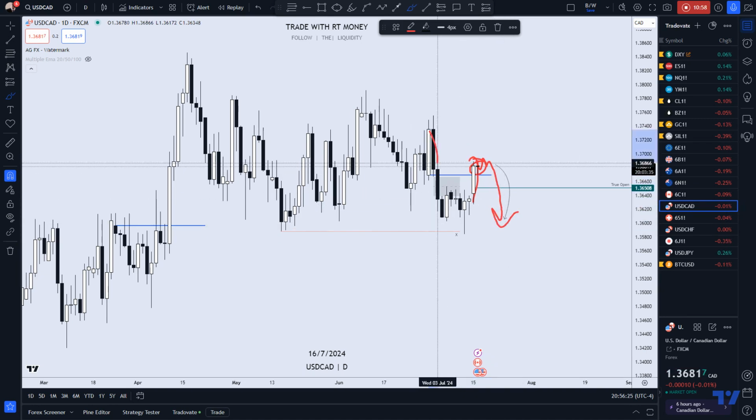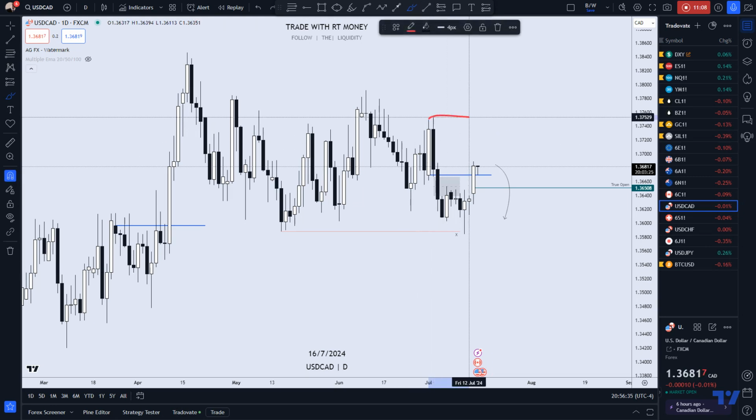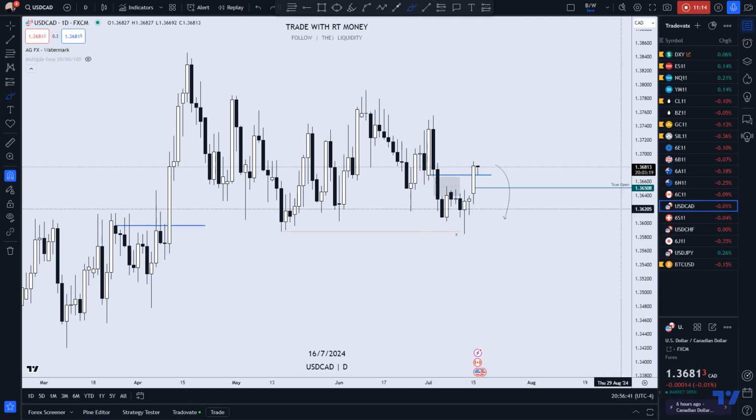If we go past the 50% mark of the bearish order block, then I'll have to reassess, and I'll be looking at that swing high as a vulnerability. So you got that.